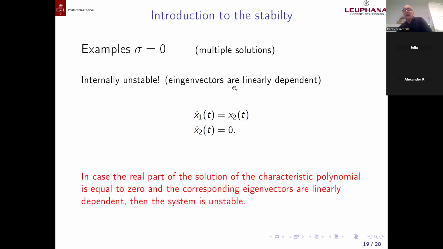Keep in mind, eigenvectors are linearly dependent. If you don't remember, I know that you should know the concept of eigenvector, but it's not the goal now to analyze this.